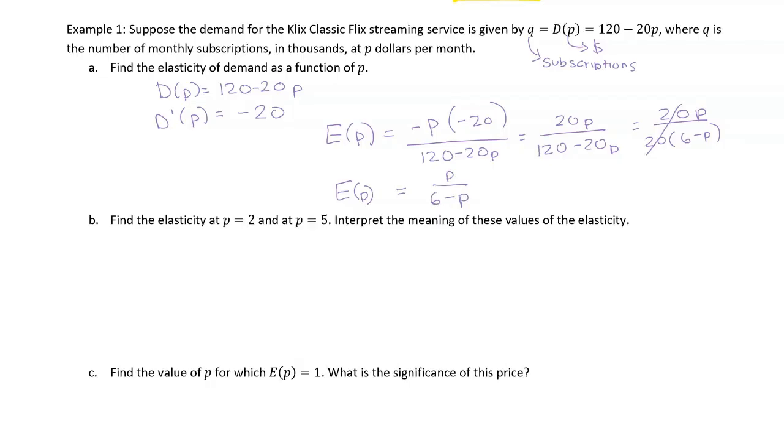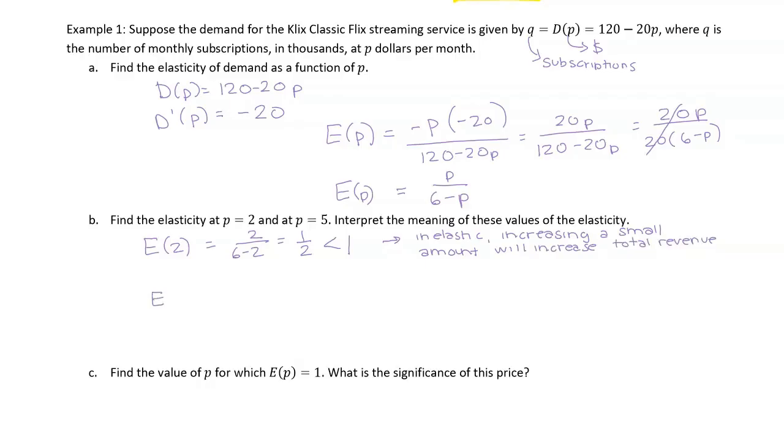And now it says to find the elasticity at P equals 2. So E of 2 is just going to be 2 over 6 minus 2, which is 1/2. This is less than 1, so this is inelastic. Increasing the price a small amount will increase total revenue. All right, E of 5 is going to be 5 over 6 minus 5.